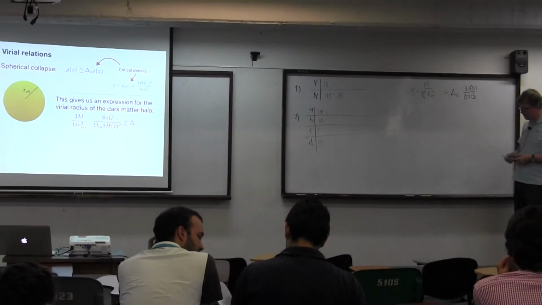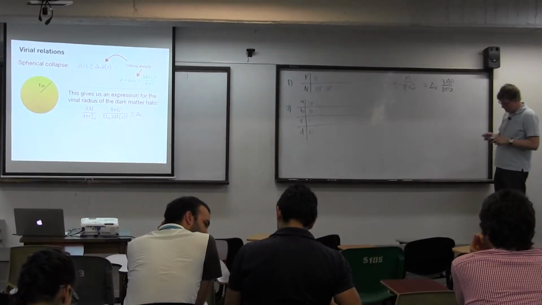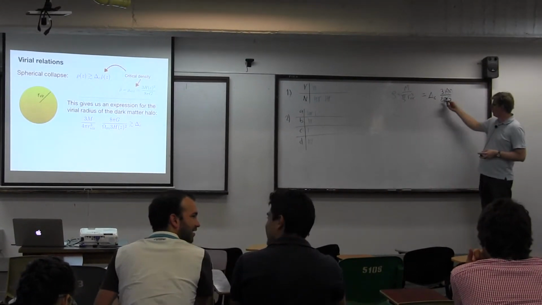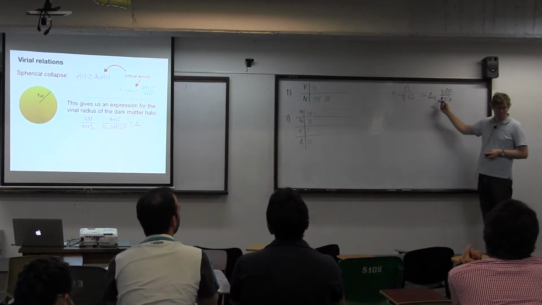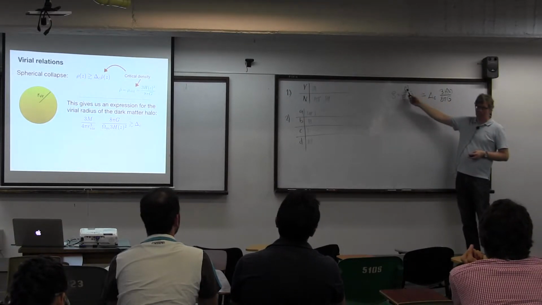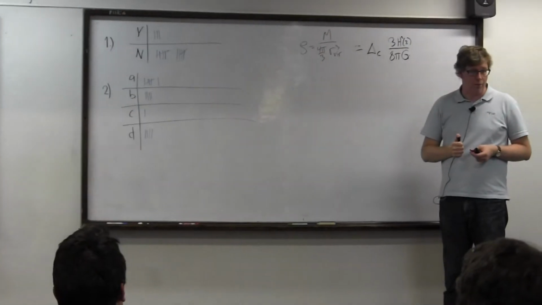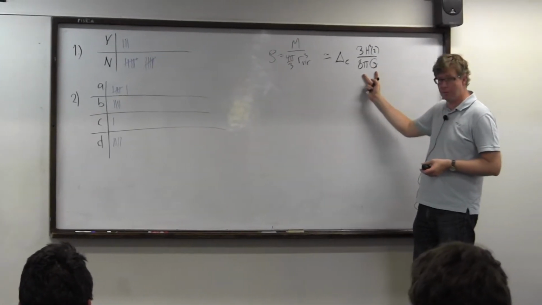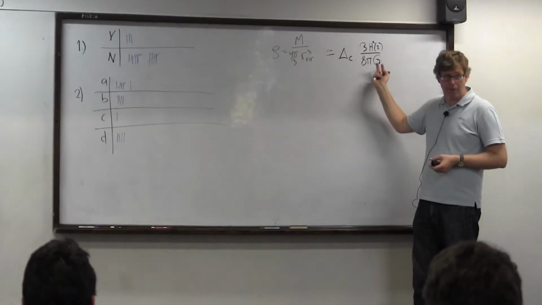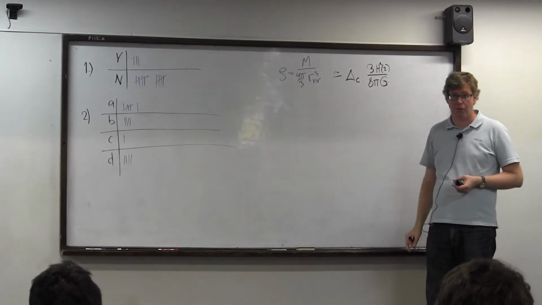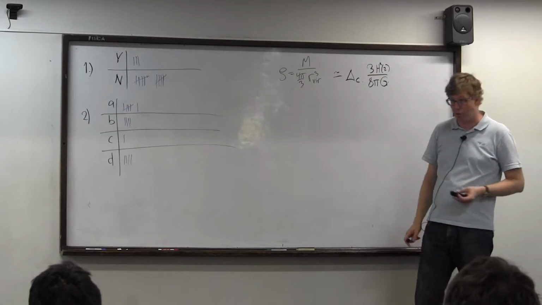I have a greater than in this particular case, but this now allows you to solve this. These are parameters that depend on cosmology. This is the object's mass, and this will tell you what the size of the object is. So now we suddenly can connect cosmology, which is on this side, to the properties of the objects we're forming. So we're now getting closer and closer to forming galaxies and other structures.